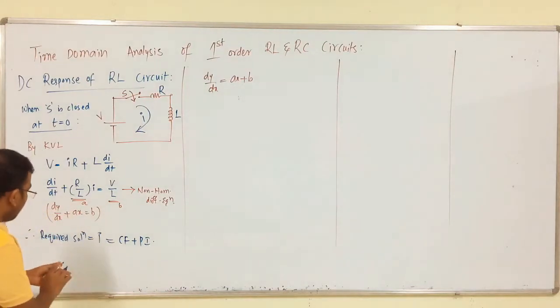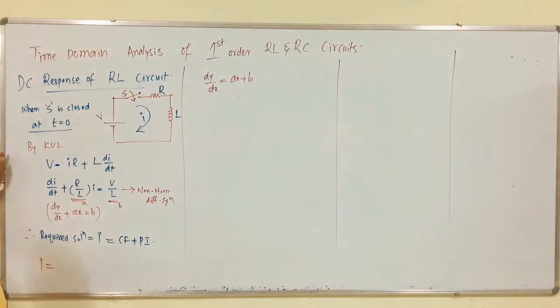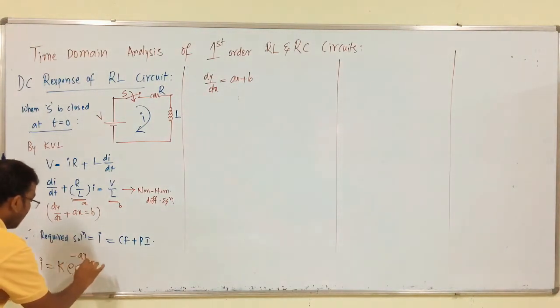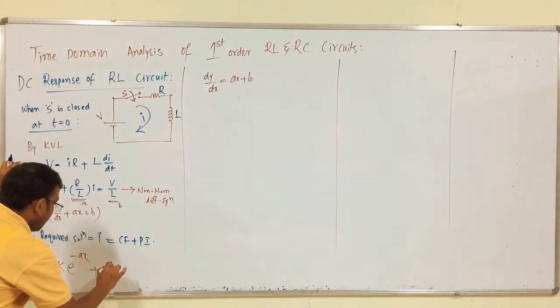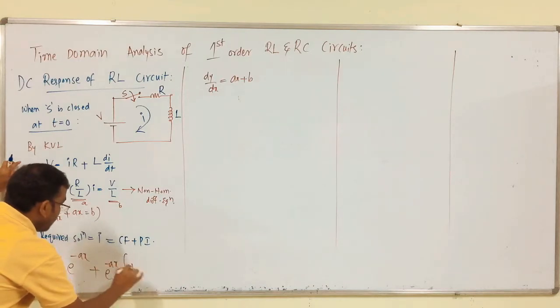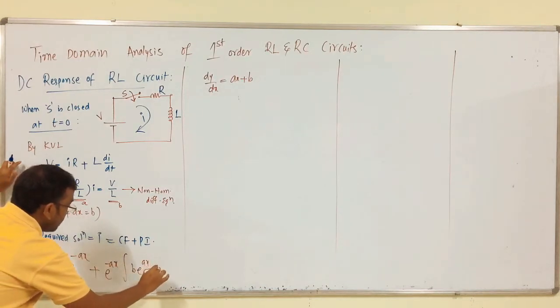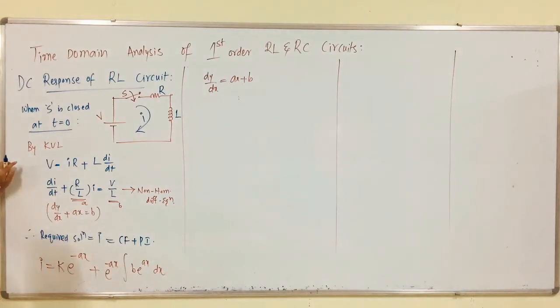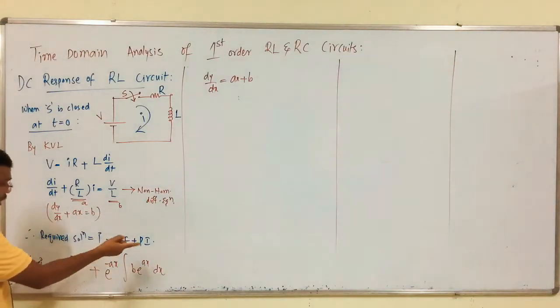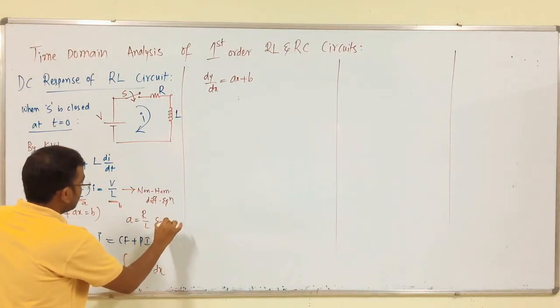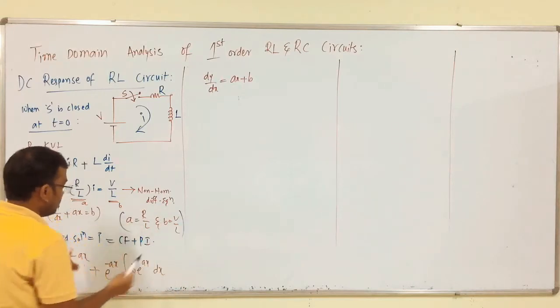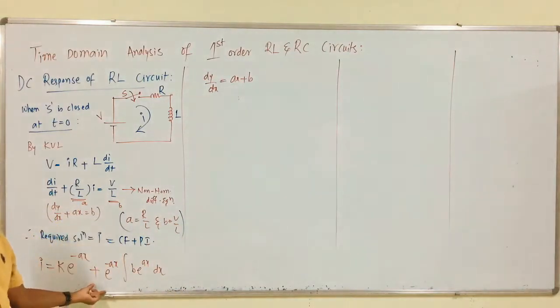Here current equals arbitrary constant into e power minus Ax, plus particular integral e power minus Ax integral of B into e power Ax dx. Here we have to substitute A equals R by L and B equals V by L.